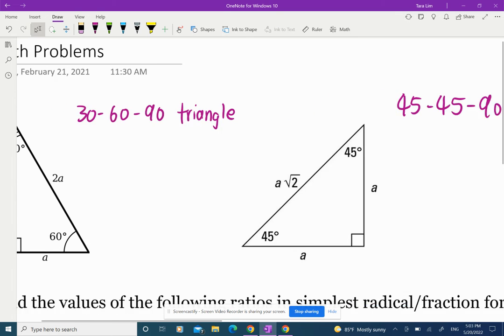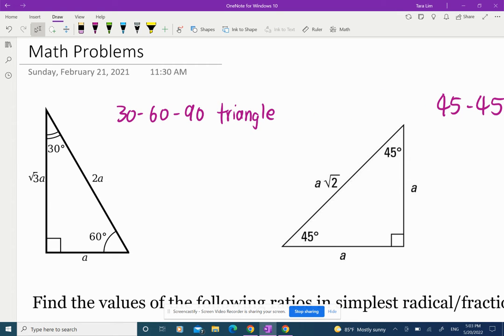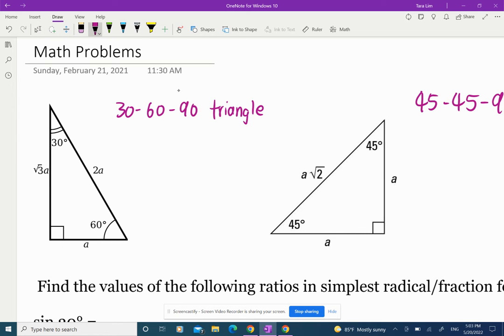These triangles have specific angles, and as I said before, no matter how big or small they are, if a right angle triangle has the angles 60 degrees, 30 degrees and 90 degrees, then the ratio of the sizes of this side, this side and this side are always going to be the same.